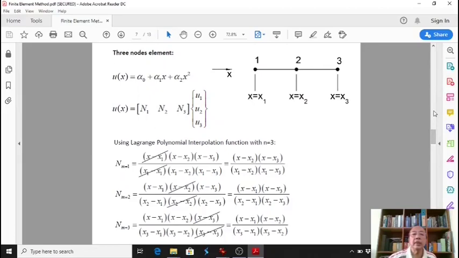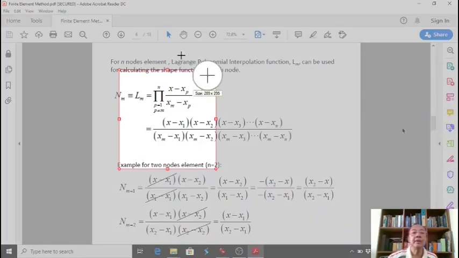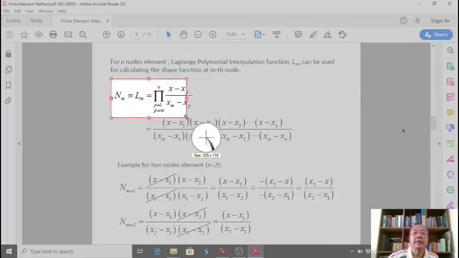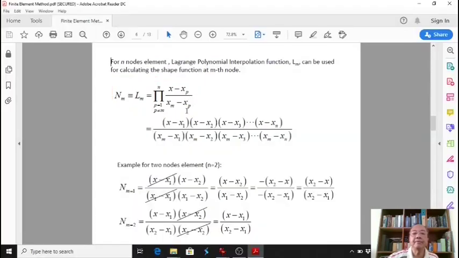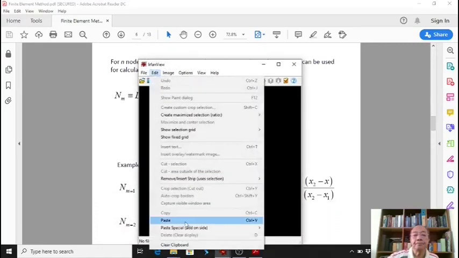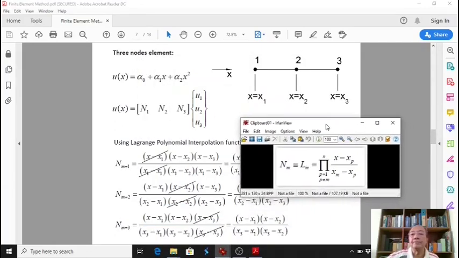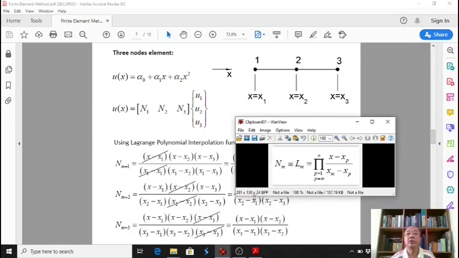Okay, so we go to the next slide. This is the 3 node element.